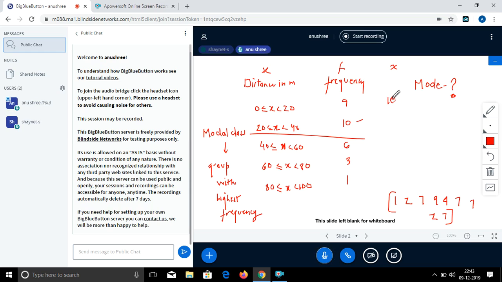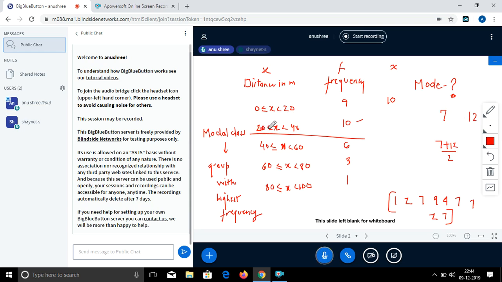Midpoint is the thing that lies at the very middle. A very simple way to calculate midpoint: suppose you have to calculate the midpoint of 7 and 12. Just add these two numbers and divide by 2. So 7 plus 12 divided by 2 is the midpoint. Same as if we calculate the midpoint of 0 and 20, it's 0 plus 20 divided by 2, that is 10.